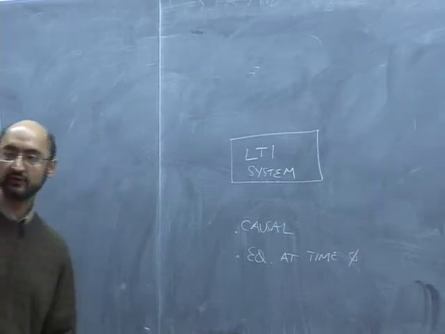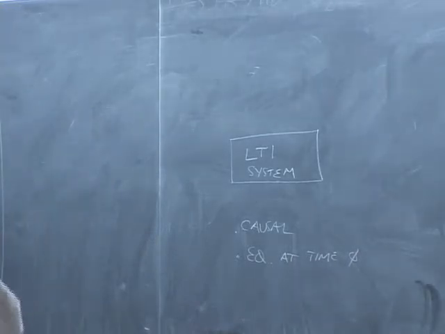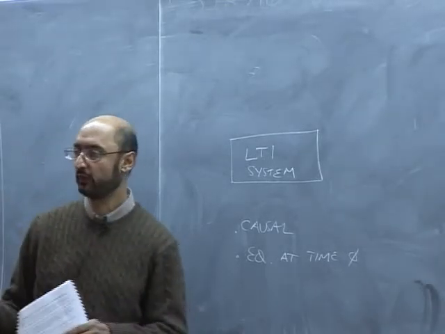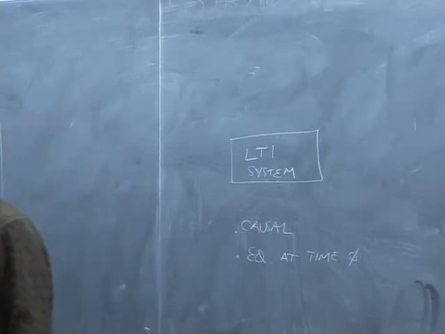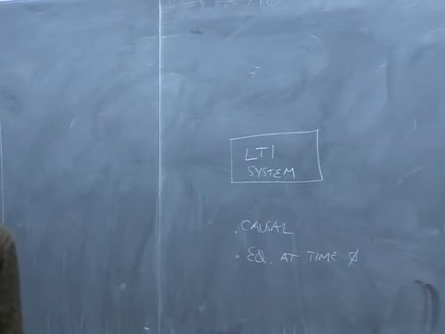You can think of time 0 as being chosen at a point in time where something bad happens. Typically a disturbance comes, some kind of bad thing happens, and then we want to make sure that the system responds nicely at that point.